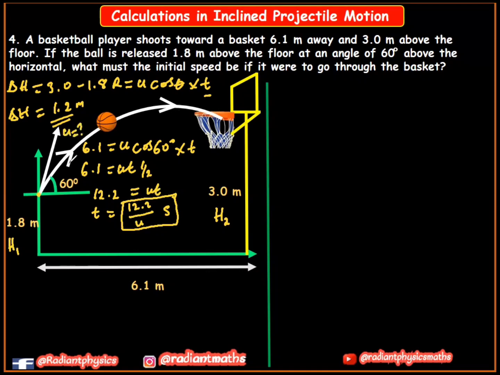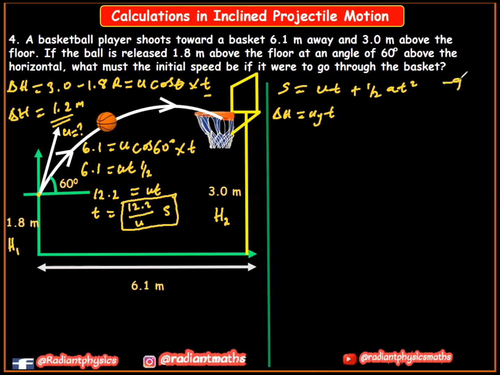Let's take notes. The second thing that we need to find now is the initial velocity. To find the initial velocity, we are going to use one of the kinematic equations, precisely the second equation. So we have this equation as S equal to UT plus 1 over 2 AT squared. Now, this S is the distance, but we are dealing with height. So we are going to replace S with height. Change in height equal to velocity along the y component times t.